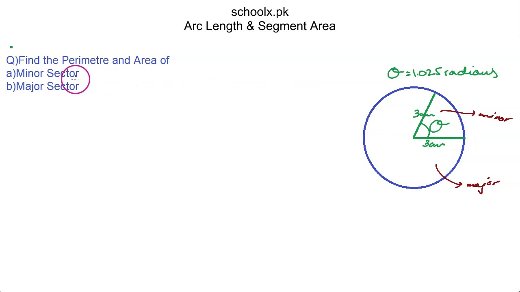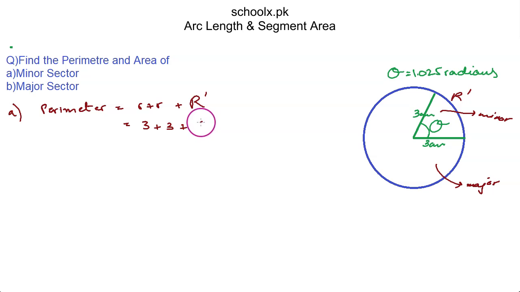So now finding the perimeter of the minor sector, we'll get r plus r plus its arc length. Let's note this arc length by r dash. So this is 3 plus rθ, and r is 3 into theta, which is 1.025 radians.